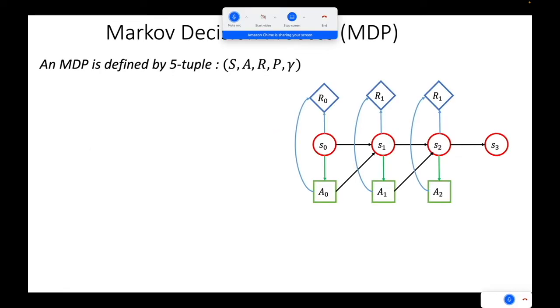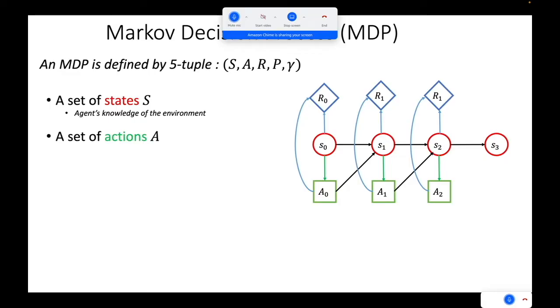Okay. Now, Markov decision process or MDP is an abstraction for modeling the sequential decision-making behavior of an RL agent. And MDP is defined by a five-tuple, which we will go through one at a time. It has a set of states S, which captures the agent's knowledge of the environment.